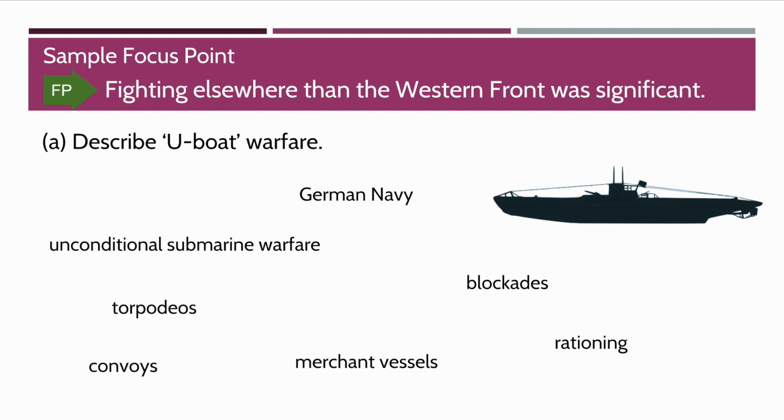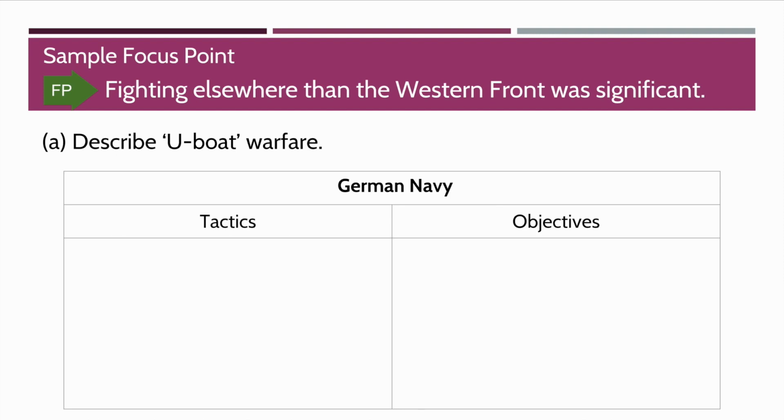Describe U-boat warfare. But once again, it's not very effective just to sit down and start writing magically. What you want to do is have a systematic approach. So I look at this information, and once again, what I try to do is come up with categories.